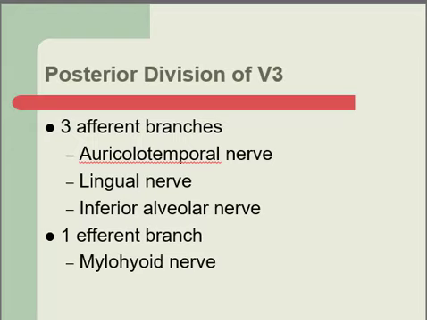So the 3 sensory or afferent branches are the auriculotemporal nerve, the lingual nerve, and the inferior alveolar nerve. And the 1 efferent branch is our mylohyoid nerve.